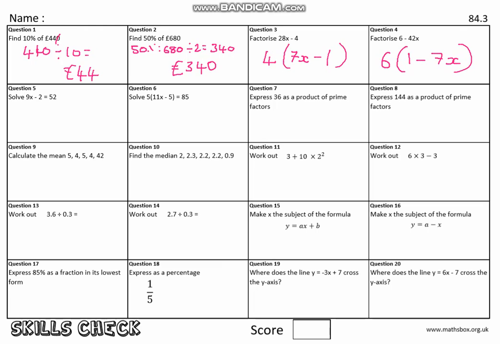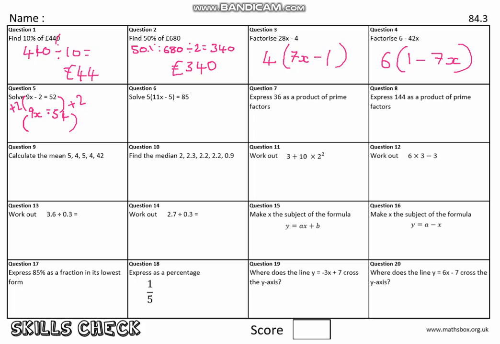Okay, so question 5, we've just got some solving an equation, which you've done lots of recently, and this one's easier than the ones I gave you on Maths Watch. So, as always, we want all our x's on one side and all our numbers on the other side. So, let's get rid of this minus 2 by doing the opposite and adding 2, okay? So that means all we've got left here is 9x, and if I add 2 to this, I get 54.